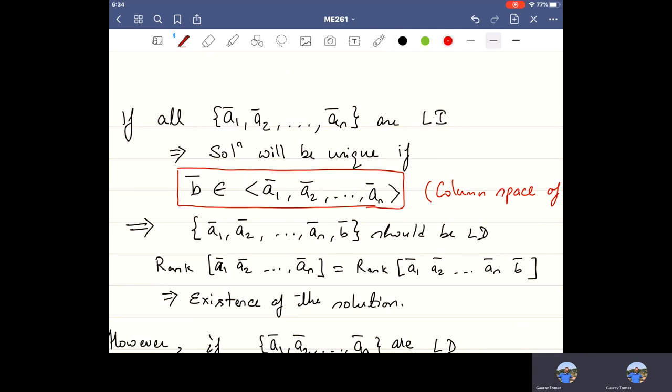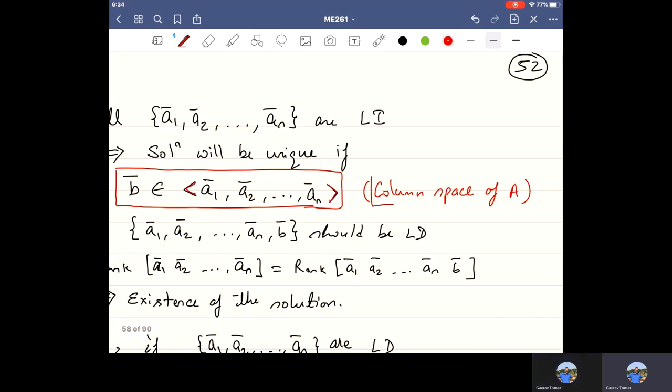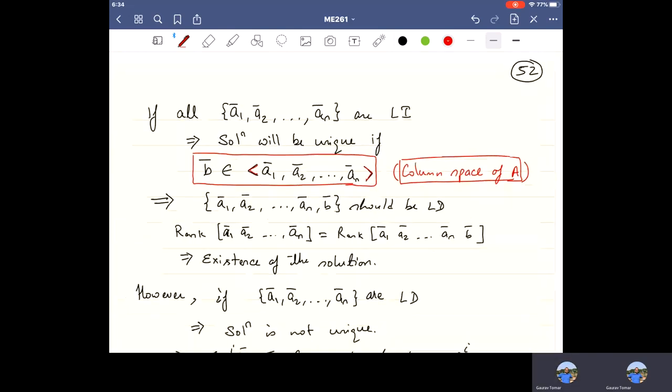So first of all, if the solution has to exist, then you should be able to write b as a linear combination of a1 to an. In that case, b would belong to the vector space which is the span of the vectors a1 to an, which we call the column space of A. It has to belong to that.